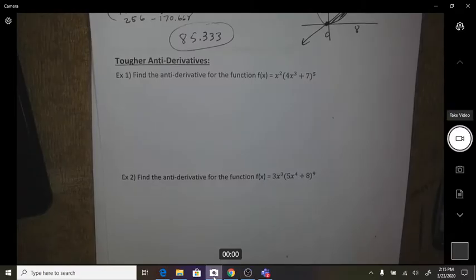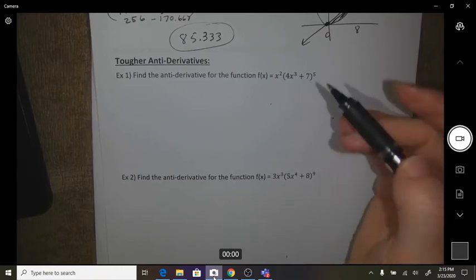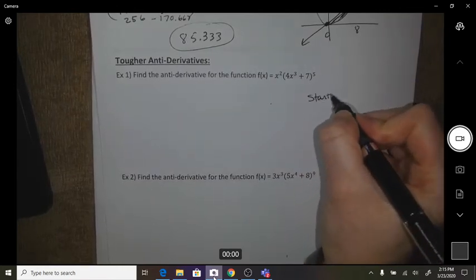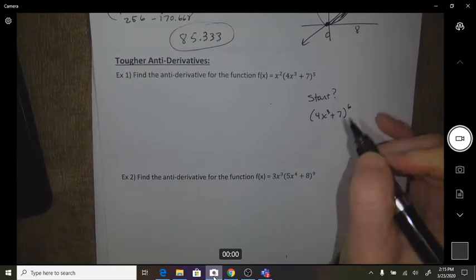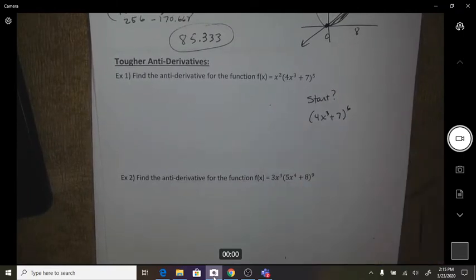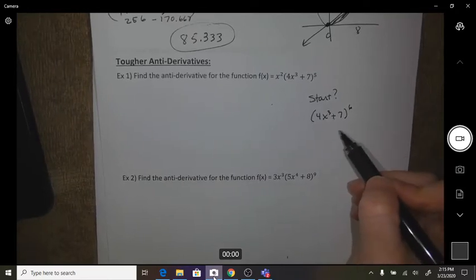Okay, tougher antiderivatives. When I look at example number one, I have to think about what you think I started with. My guess is that I had 4x cubed plus 7 to the 6th. I probably had something in front of it though. So let's just derive this.